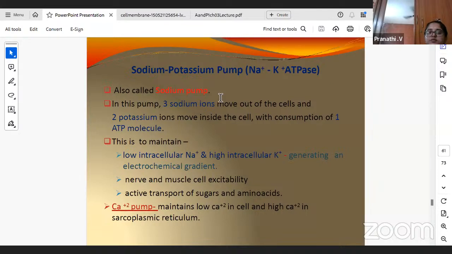Where is this active transport used? To maintain the intracellular sodium potassium concentration. So this maintains the electrochemical gradient. You have the nerve and the muscle cells. So nerve transmission is because of this sodium potassium pump. And inside your stomach, especially for transportation of sugars and amino acids, exchange, and the calcium pump in muscle contraction.